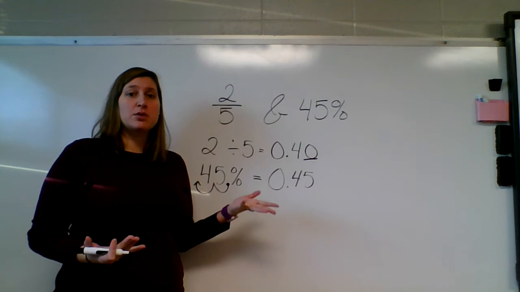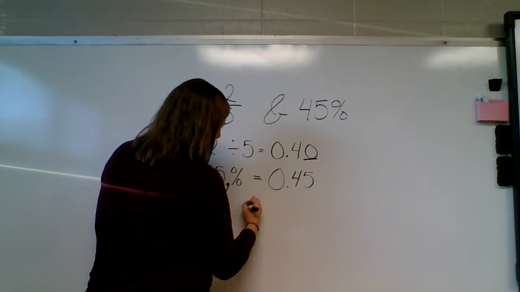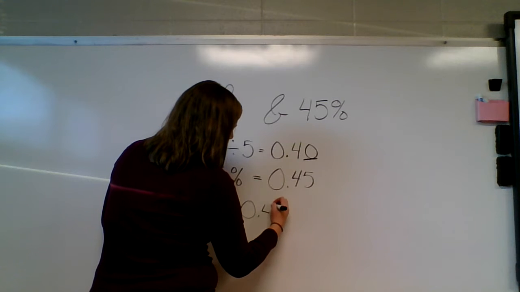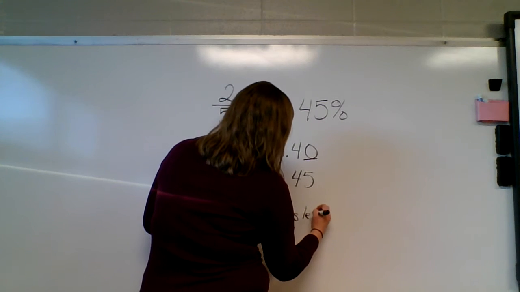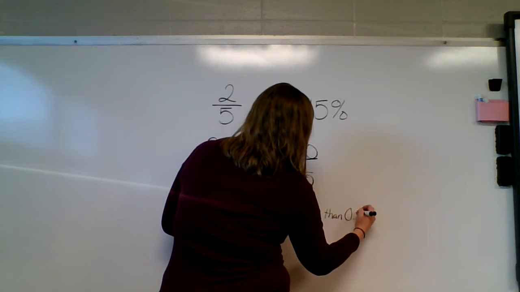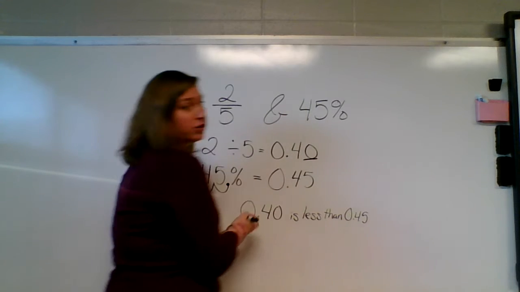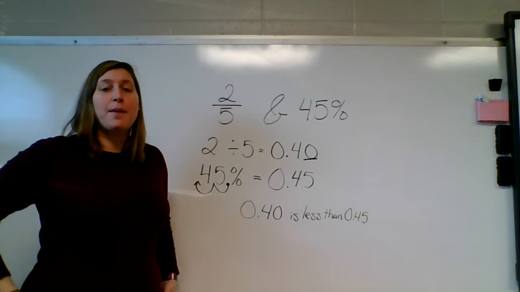The 0 is going to be smaller. So then I know that 40 hundredths is less than 45 hundredths.